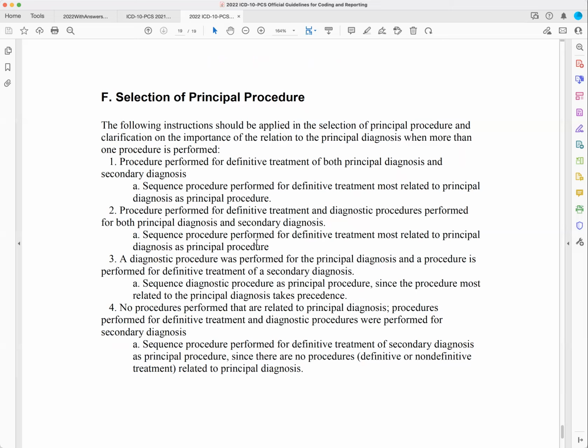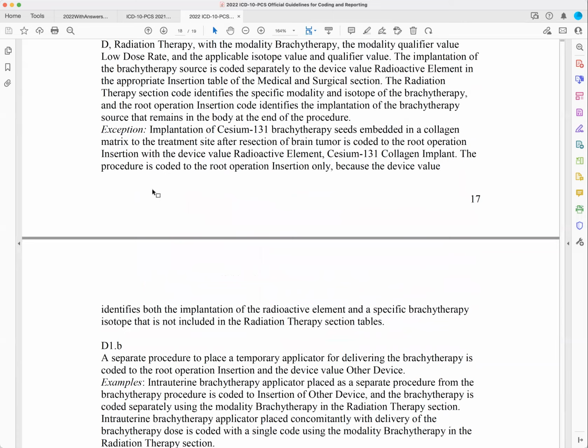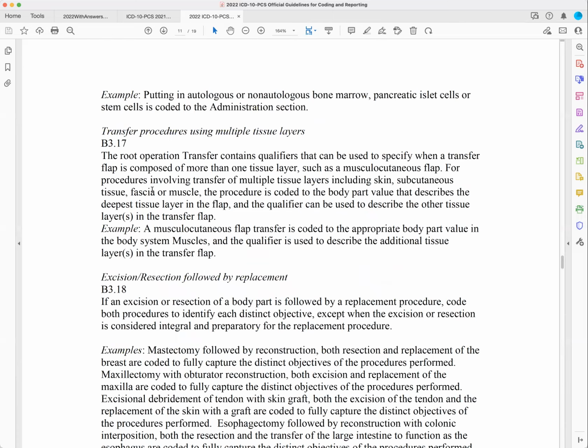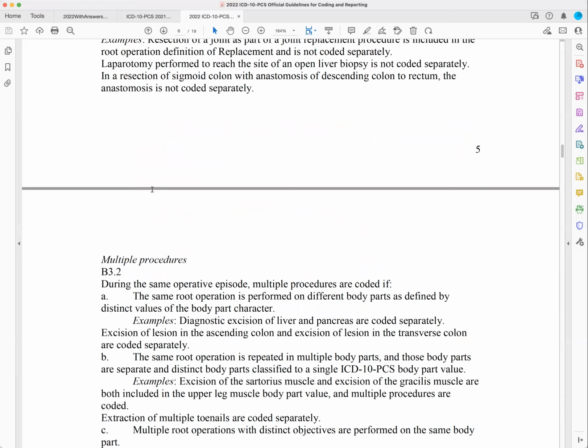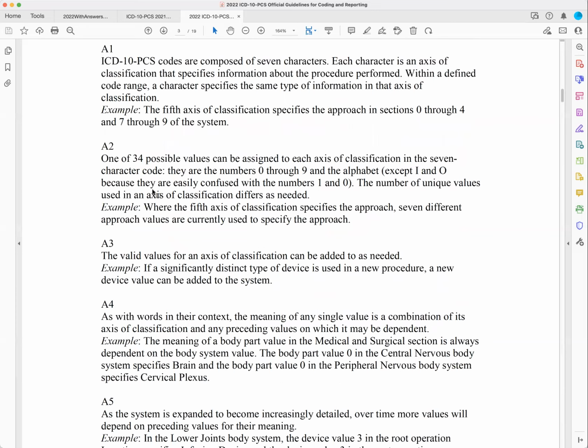Okay. A lot of times an electronic encoder is going to help with the sequencing, because it knows which procedures may or may not affect your DRG, your MS-DRG, which is what the revenue is based on. So again, I didn't want to read through all of these guidelines verbatim. I just wanted to give you an overview of them so you know what they cover, so that you can come back and read these in their entirety, highlight if you need to, make some notes if you need to, but just remember to come back to them when you're in the coding process.